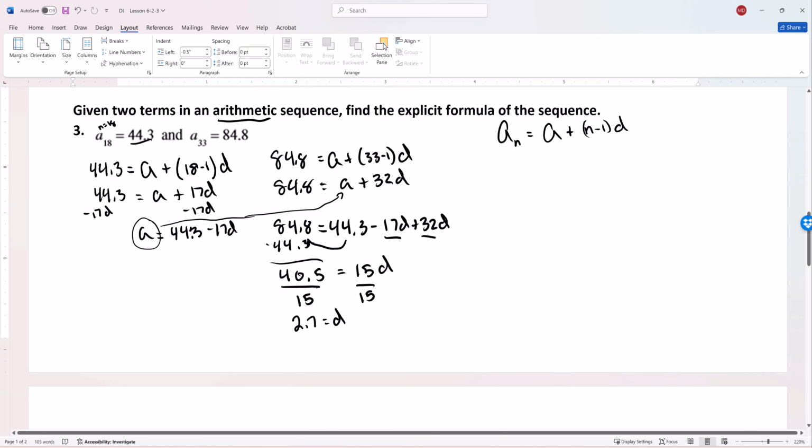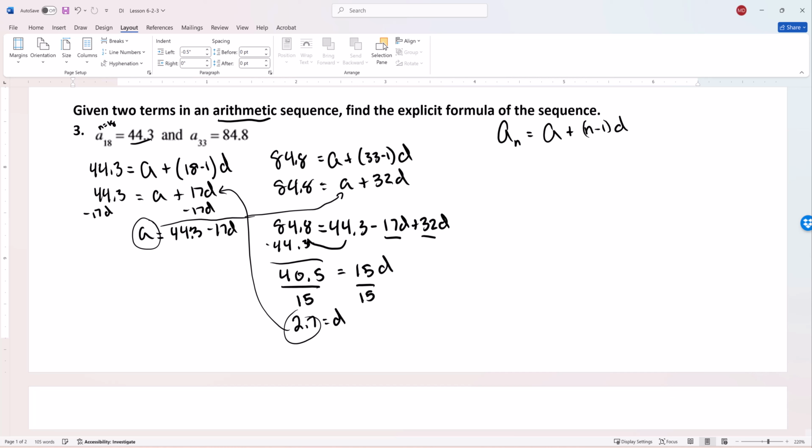So now I can use that to find my a. So I can plug in d, let's just say into here. So you get 44.3 equals a plus 17 times 2.7. So that's 45.9.